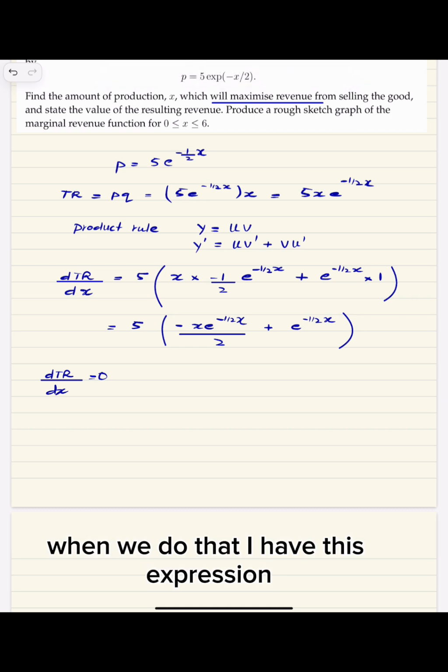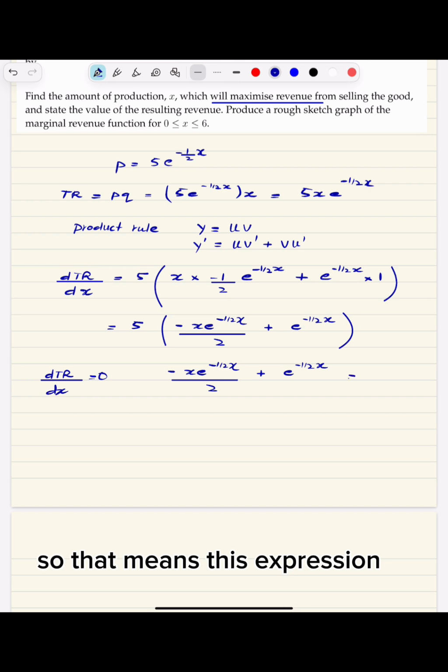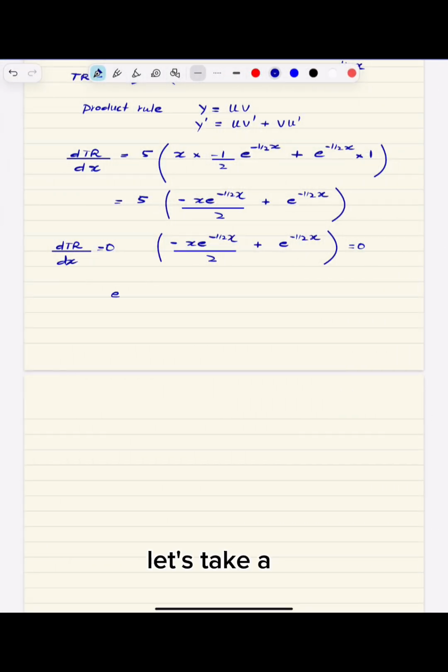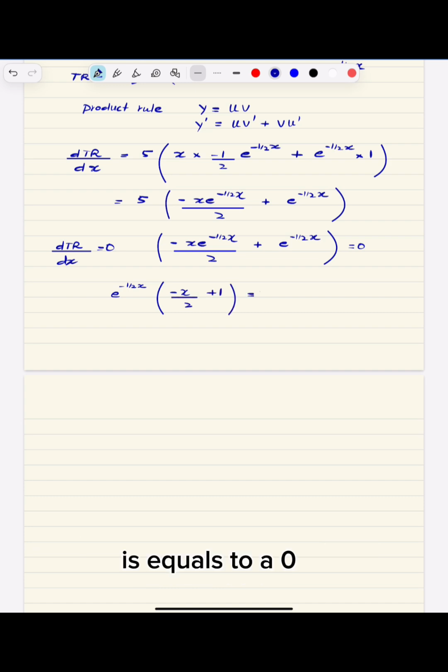When we do that, I have this expression. 5 is not equal to 0, right? So that means this expression will have to be equal to 0. So if I take e to the minus half x out as common, we'll have minus x over 2 plus 1 equals 0.